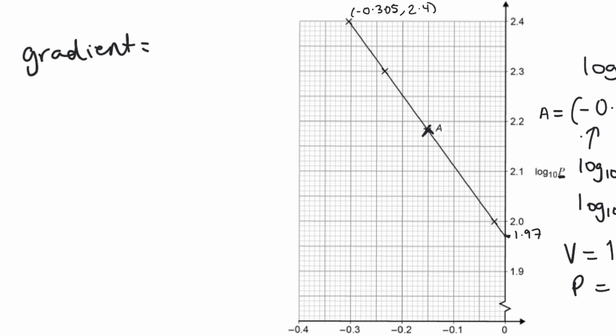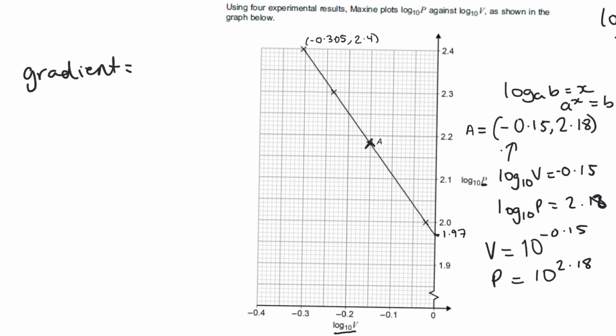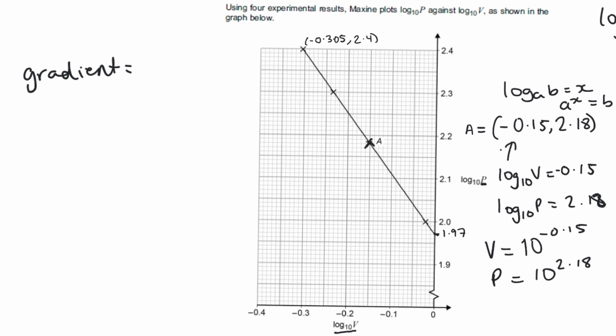Okay, so then now to work out change in y by change in x, the change in y is going to be the 2.18 from here, take away the 2.4, and then that's going to be over minus 0.15 minus minus, and remember because you're taking away and then there's an extra minus because the number is actually minus 0.305.